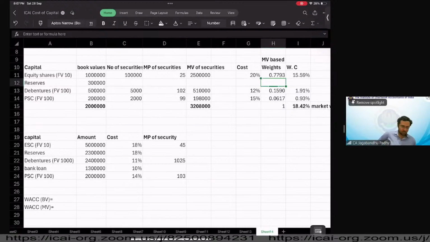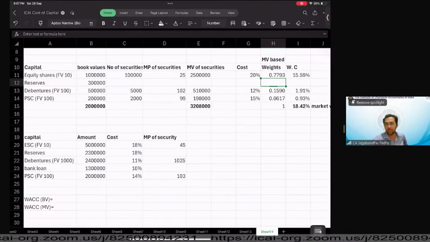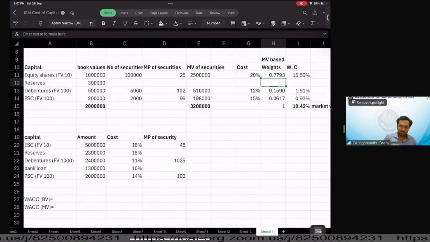Try to get the WACC, weighted average cost of capital, using book value and market value, guys. Of course, bank loan has to be taken. Bank loan is not traded in the market, but that is your liability. So, of course, whatever is the book value of the bank loan, that itself will be its market value.